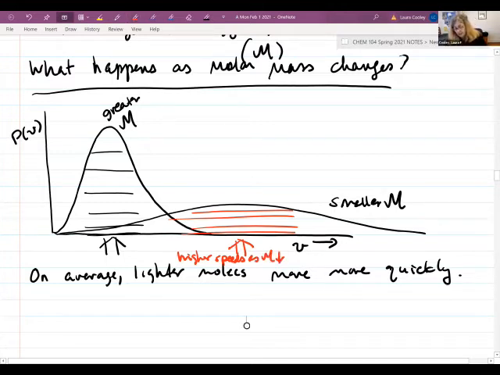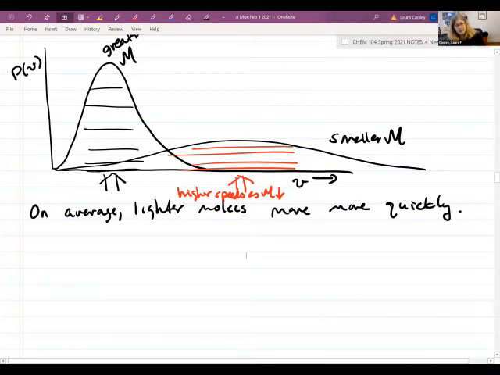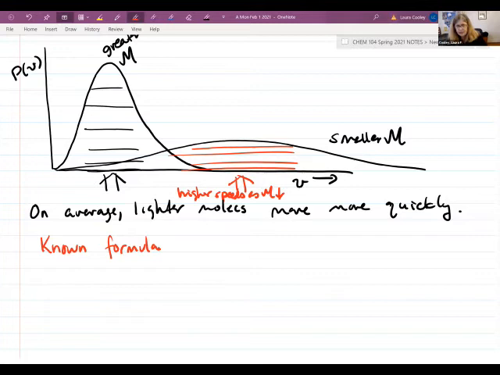You might imagine that scientists have worked on this, and they have, and there's actually a known equation that relates the average speed. Actually, technically, it's not the average speed. It's what we call the root mean square speed.